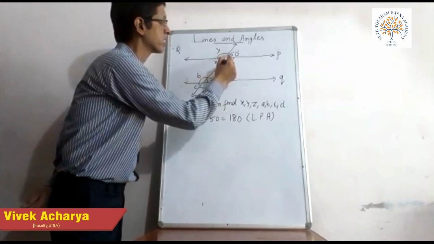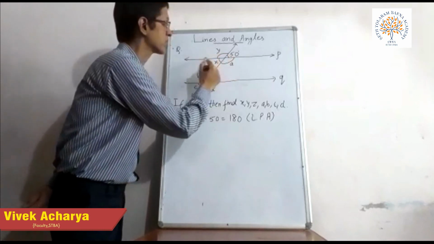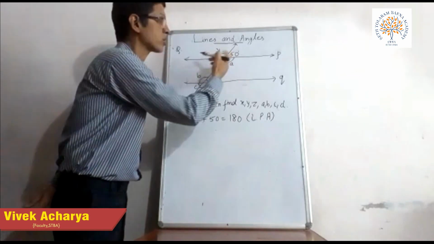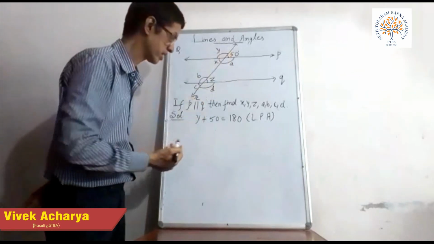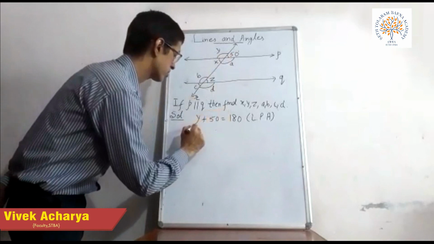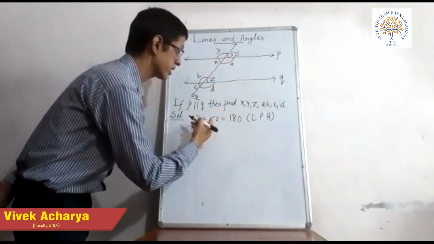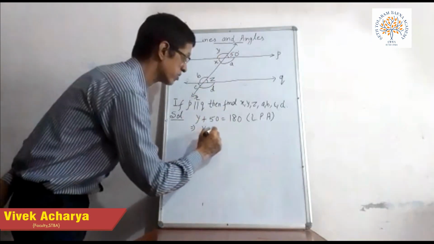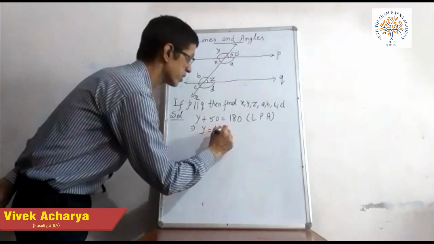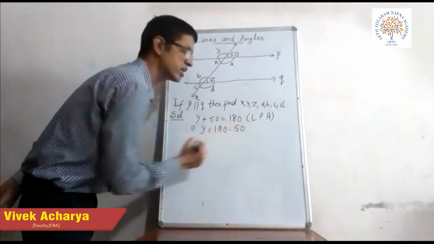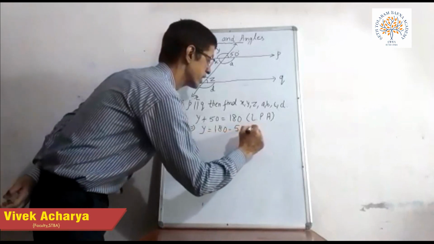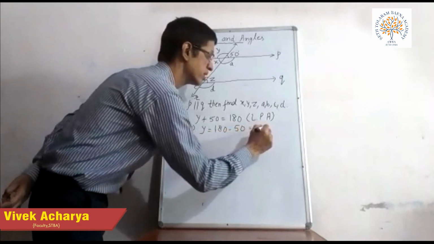This complete angle is 180 because it is a straight line, and they are also a linear pair. So we will get Y from this. Taking 50 to this side, it becomes 180 minus 50. So angle Y is equal to 130 degrees.